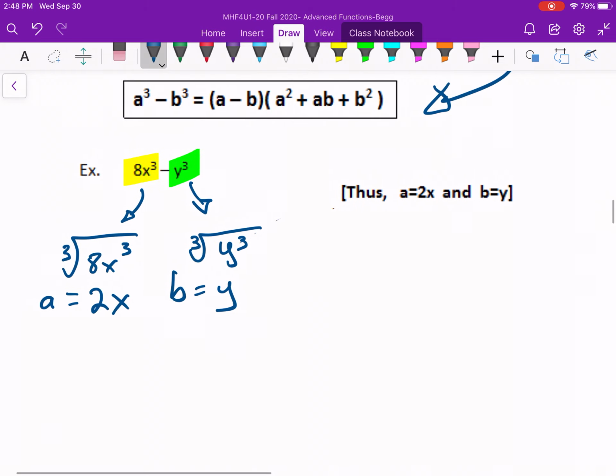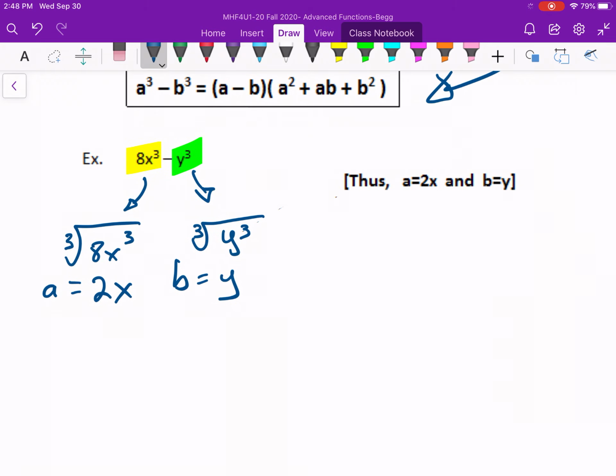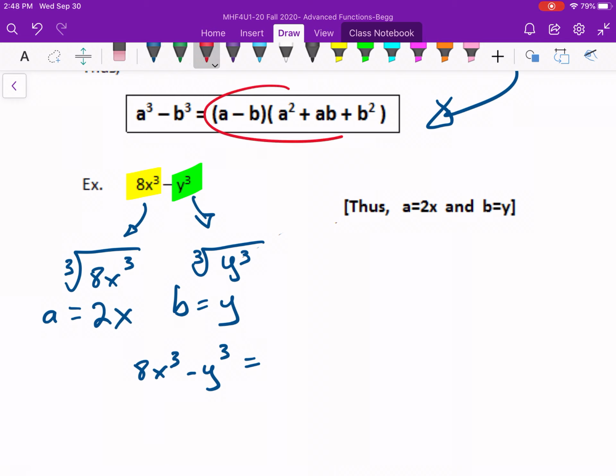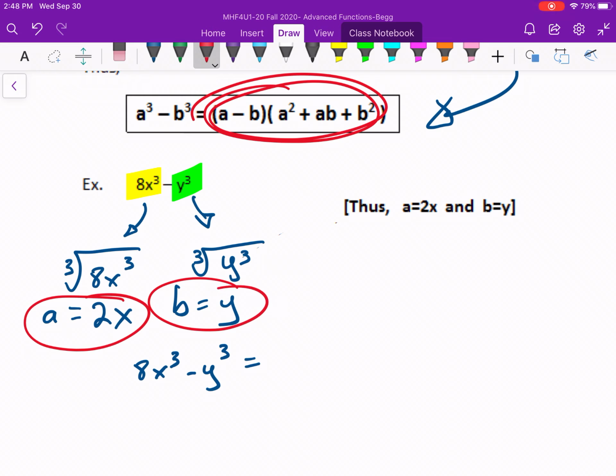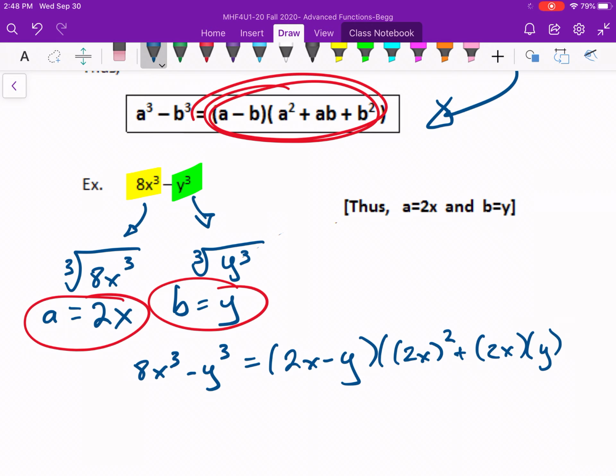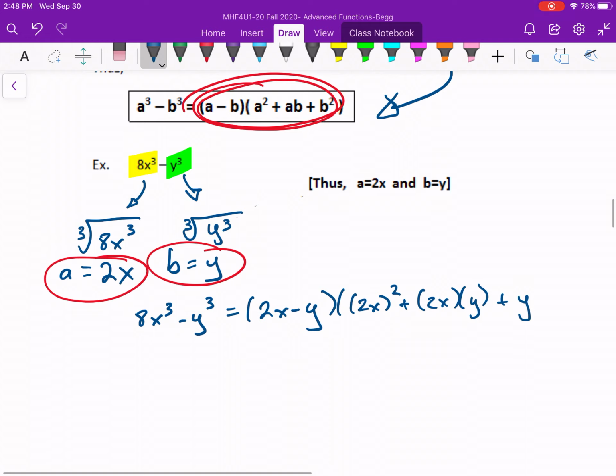And so then I'd have 8x cubed minus y cubed is equal to, and I'm just going to follow this pattern here, but instead of writing a's and b's down, I'm going to write 2x for a and y for b. So I'm going to write a minus b is 2x minus y, and a squared is 2x squared, plus ab is 2x times y, and b squared becomes y squared.